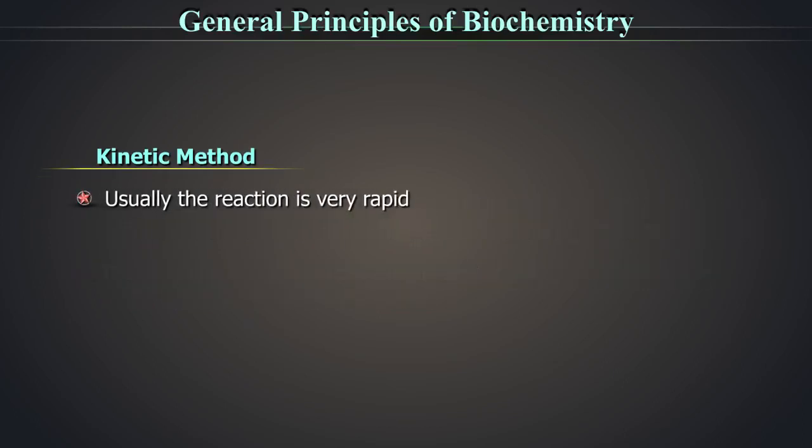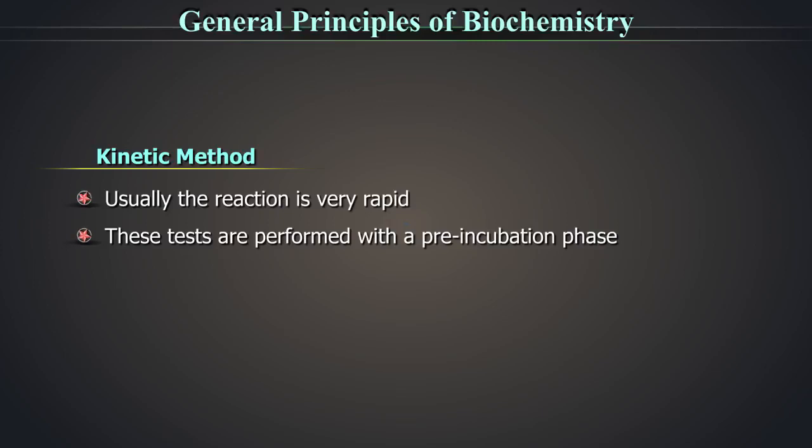Usually the reaction is very rapid and thus the reaction time is short to avoid any danger of enzyme degradation. These tests are performed with a pre-incubation phase, usually done inside the equipment as programmed into it, during which any substances in the sample which might interfere with the test would have fully reacted with the reagent system.